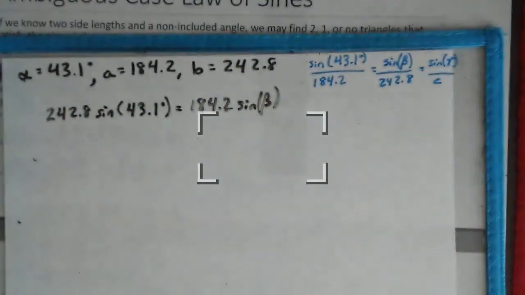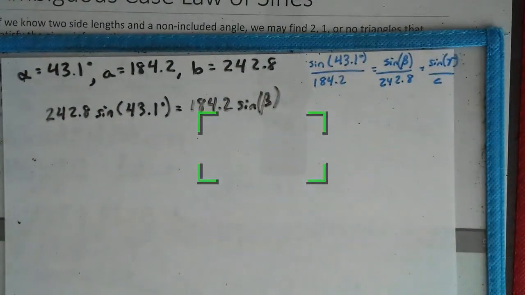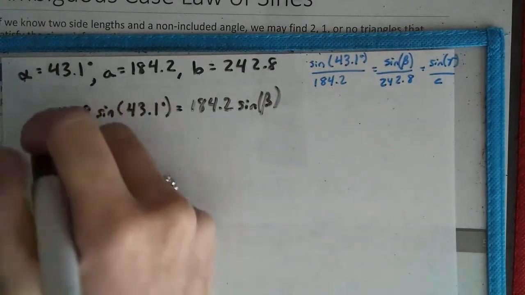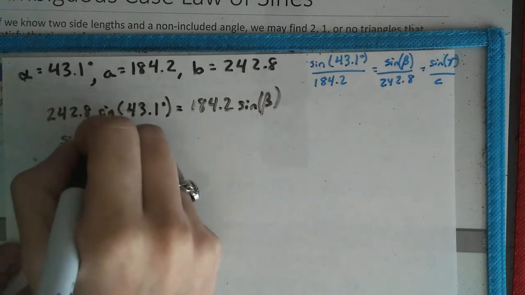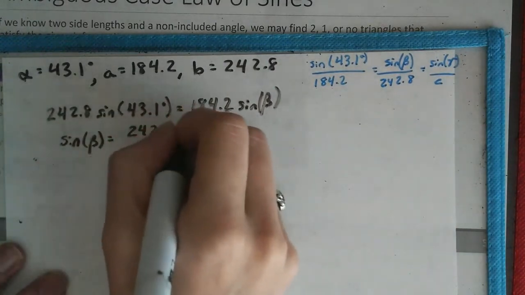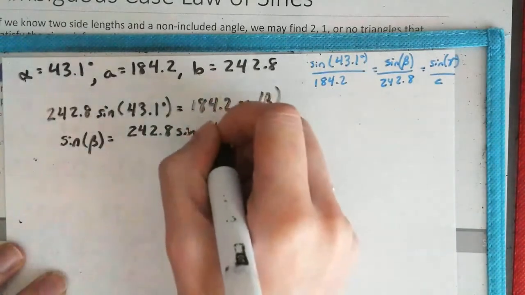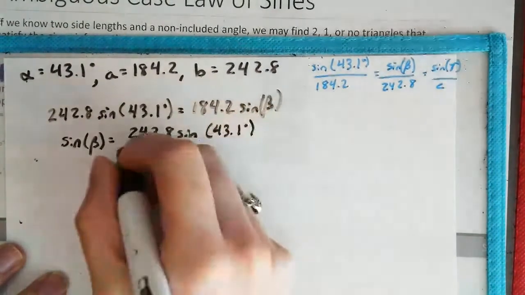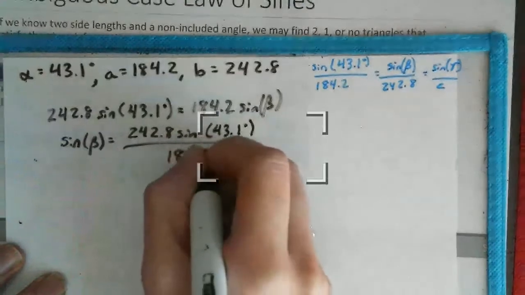I can solve for sine if I divide both sides by 184.2. That'll give me the sine of beta is equal to 242.8 sine of 43.1 degrees over the 184.2.